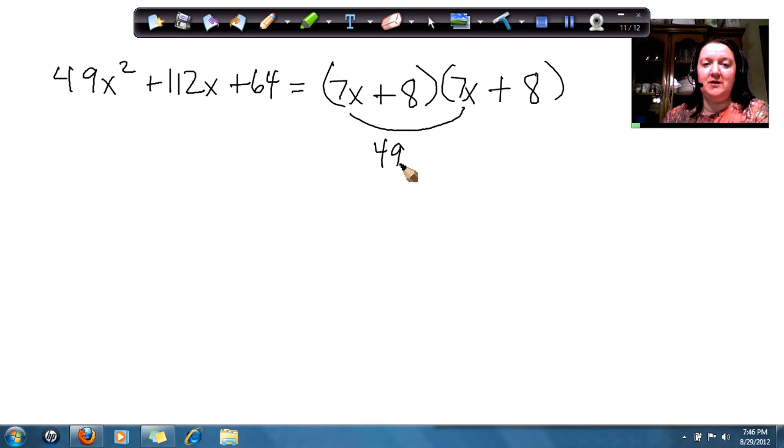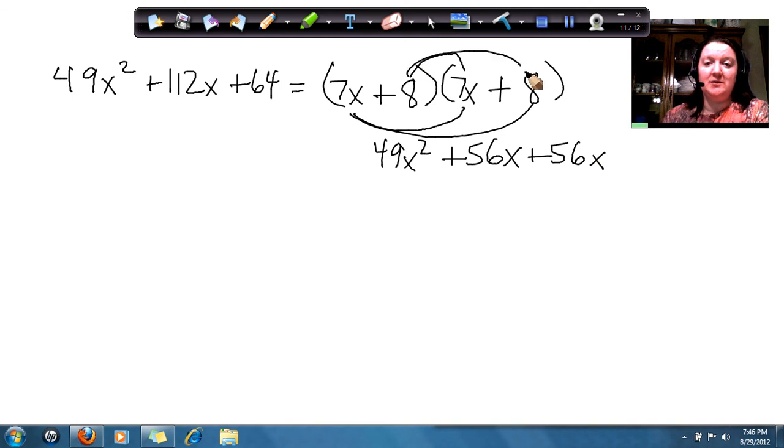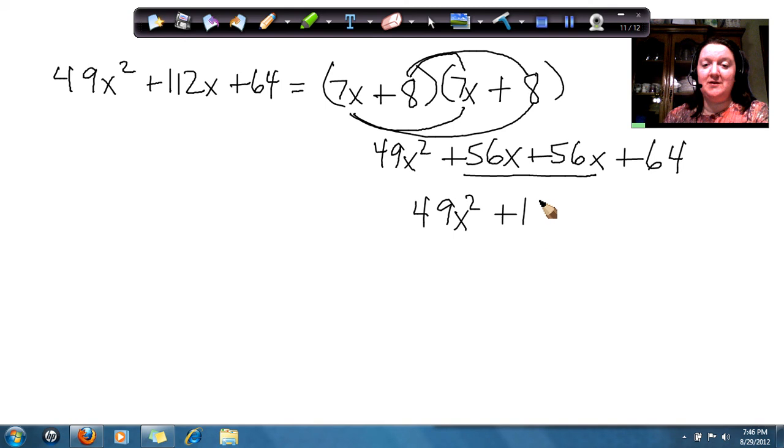We get 49x squared. I look at my outside terms, that's plus 56x. If I look at my inside terms, it's another 56x. If I look at my last terms, that's plus 64. So if I look at my middle terms, that's going to add up to 112. So we have 49x squared plus 112x plus 64. So we know that we factored it correctly.